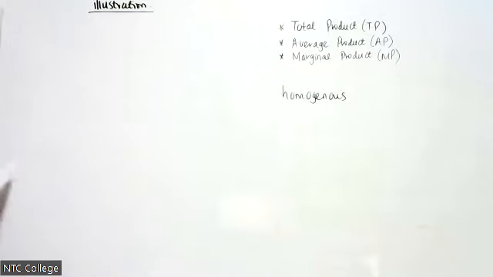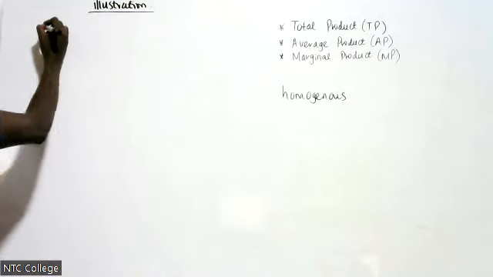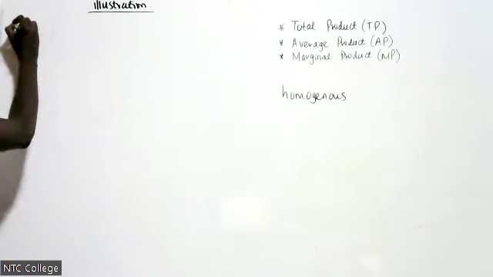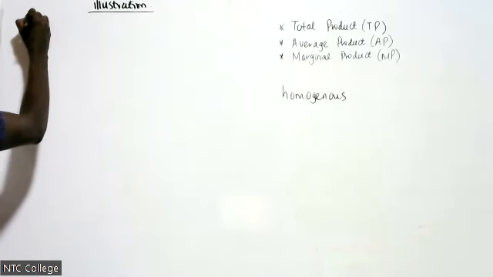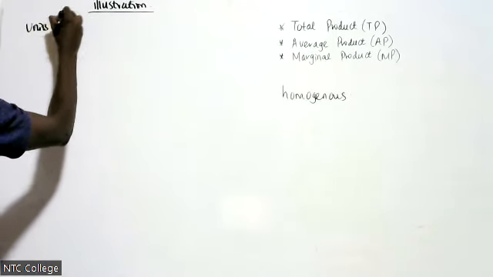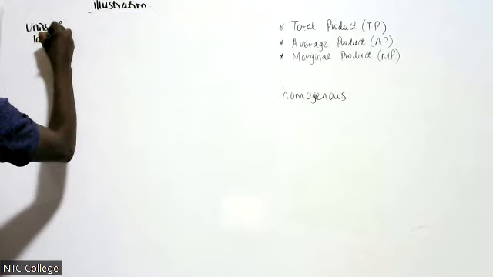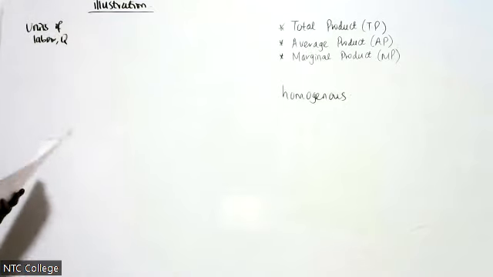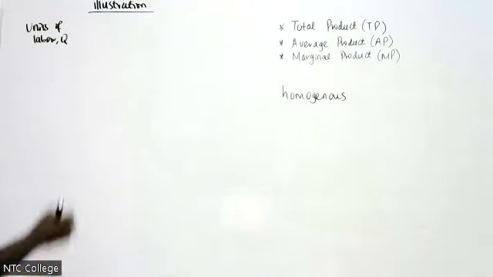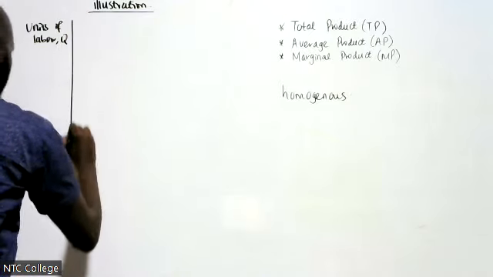So we have an illustration here. I want us to have a table starting with the first column being units of labor. Units of labor is Q. Remember, this is what we are assuming to be the variable factor.